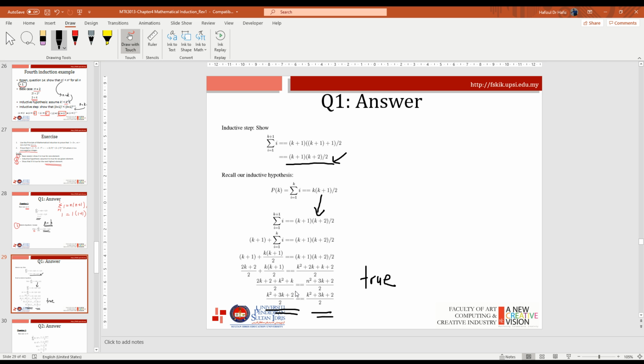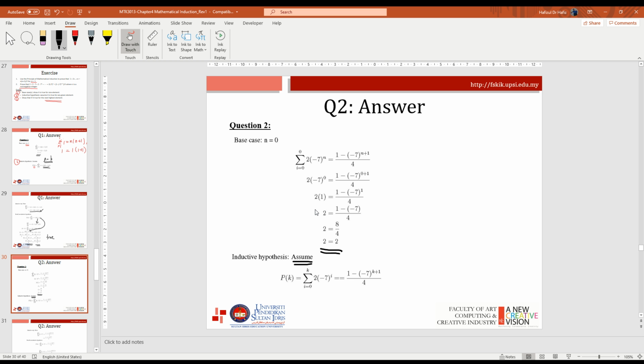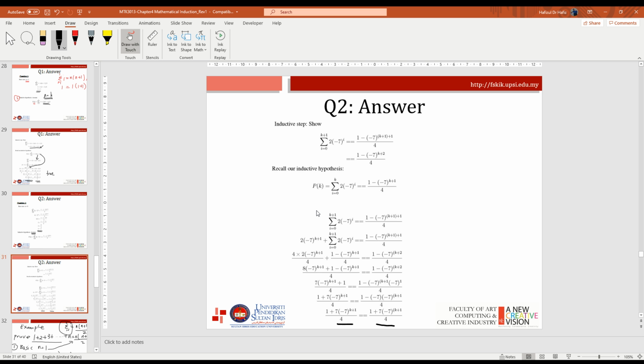And finally we got the same. For the total sum of k times k plus 1 divided by 2 here we replace. Question 2 also same. Okay, finally we got the same.